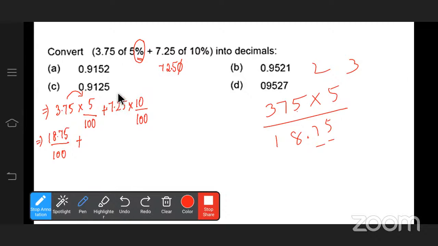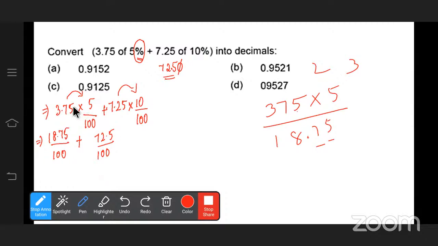So what is the answer for this? When you multiply this, what you get? 72.5. Understand? Yes, ma'am. Divided by 100. Okay, what I have do from up to this, I put 7.25 of means into 10 percentage means 10 by 100.